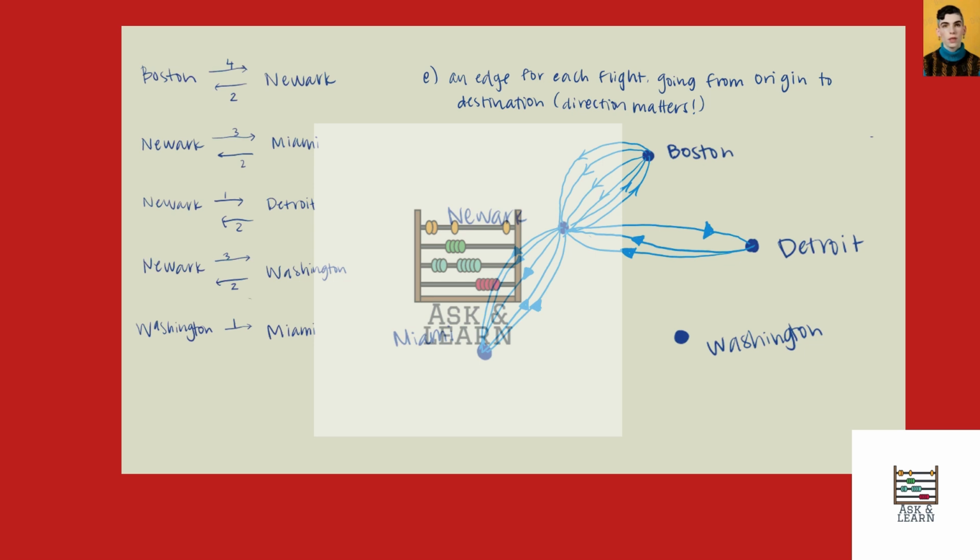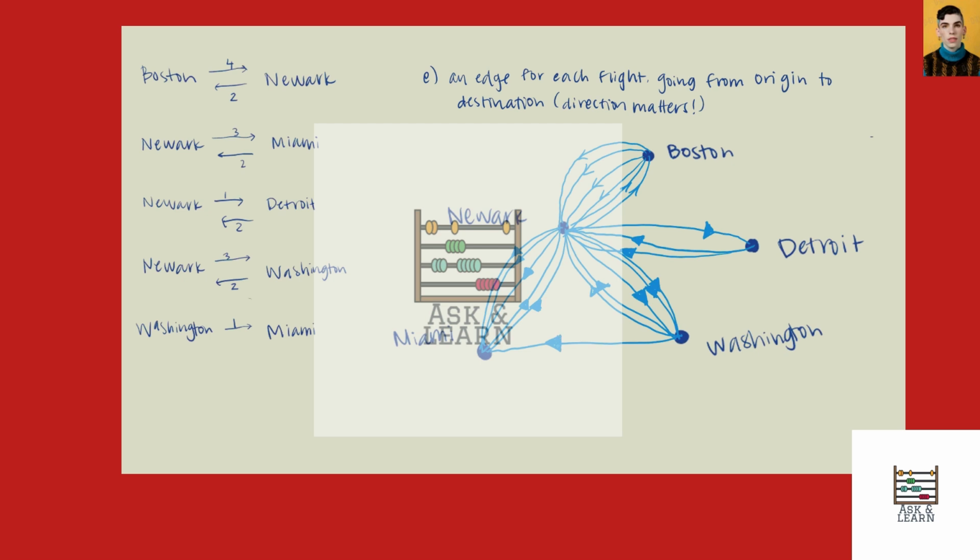Newark to Washington is three. The opposite direction is two. And finally, from Washington to Miami, we just have one.